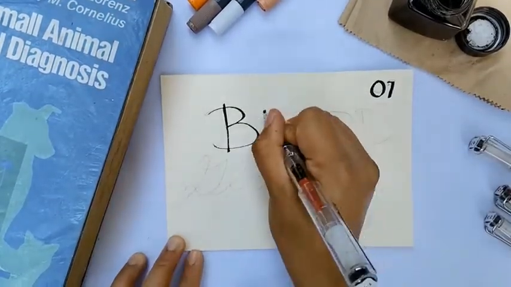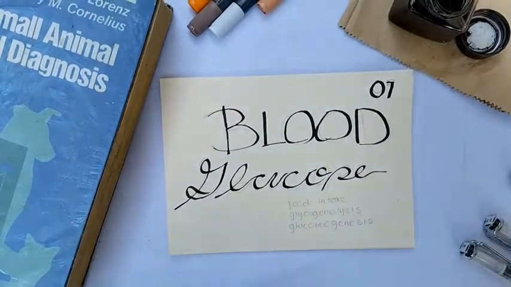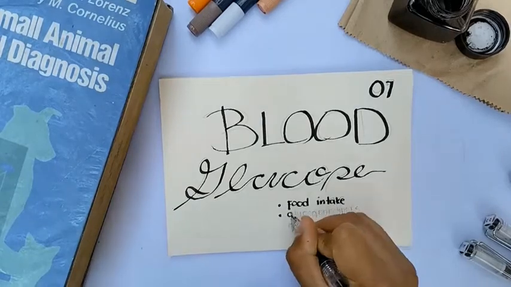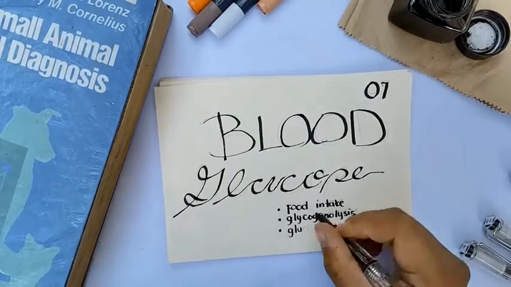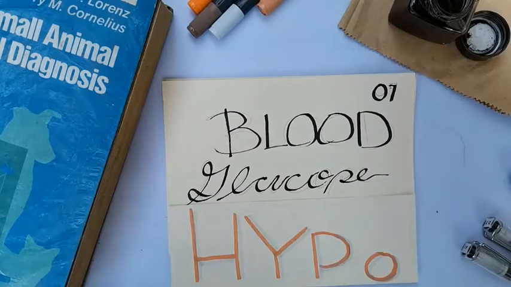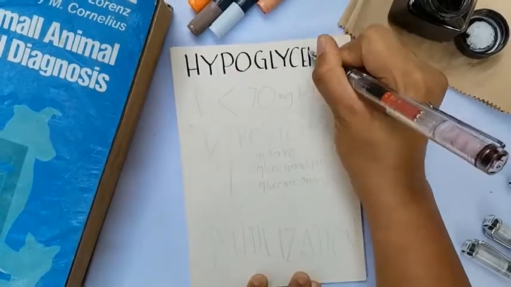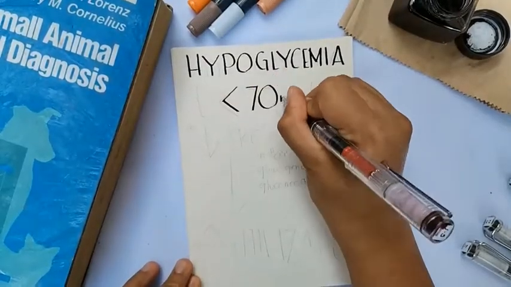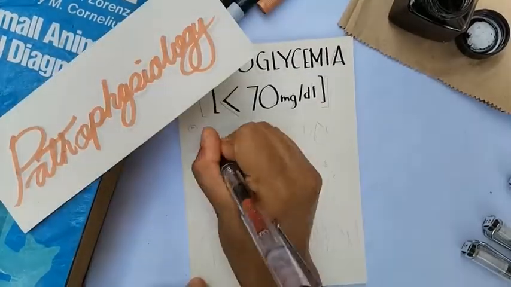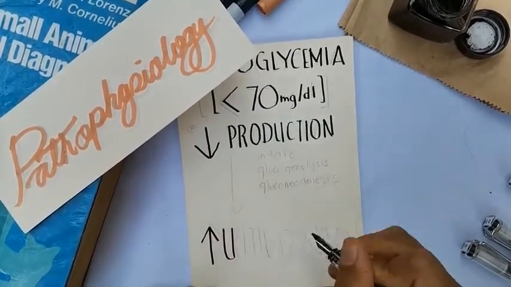Number 7. The blood glucose is a net result of glucose production and utilization in the body. Sources are food intake exogenously, and glycogenolysis and gluconeogenesis endogenously. Hypoglycemia is decrease in blood glucose below 70 mg per deciliter. Its pathophysiology is decrease in production and increase in utilization.